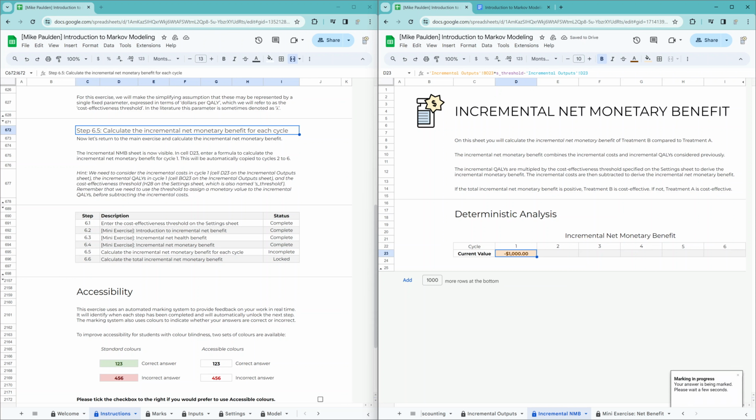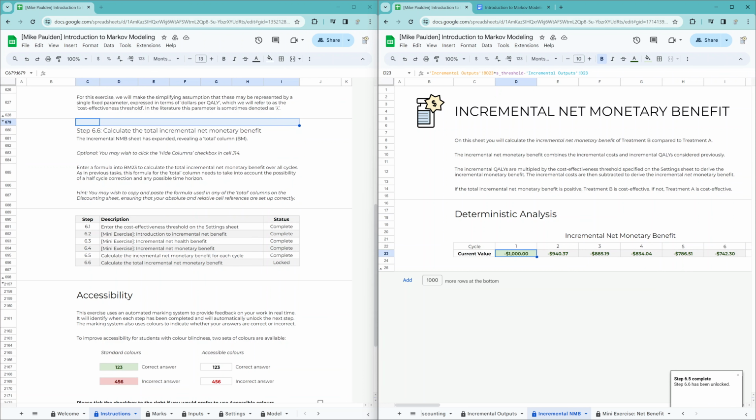And the first cycle is negative $1,000, and that's because in cycle 1, treatment B costs $1,000 more than A, but in cycle 1, it's not yet had a chance to actually have any benefit. So it's not a surprise that in cycle 1, if we go with treatment B, we're $1,000 down compared to using treatment A. Right? We're out of pocket by $1,000 because we've used the more expensive treatment.